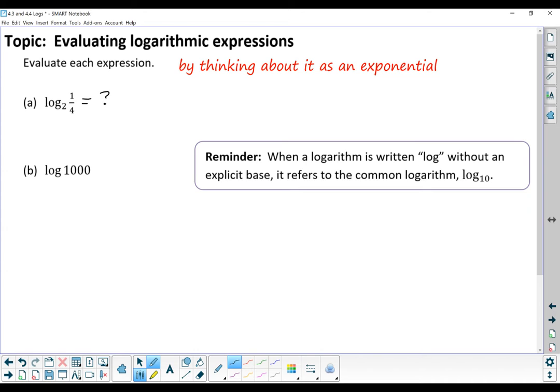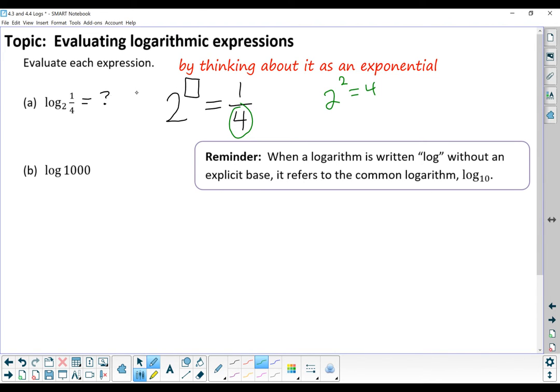If we think about this in exponential form, it's saying 2 to what power gives me 1/4. You can see that 4 here. 2 squared is 4, but in my little equation that I wrote here, the 4 is in the denominator.